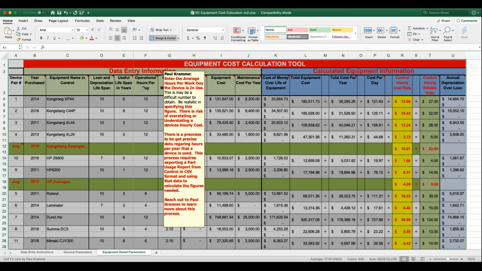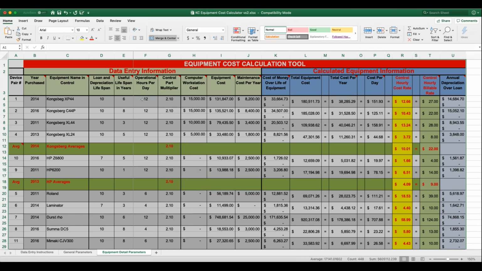You see the number 12. This particular client works two shifts, so having a 12-hour per day usage is not out of the ordinary. But that's a very difficult number to zero in on, and I'll comment further on that in a bit. Then there's the current multiplier that's in control.